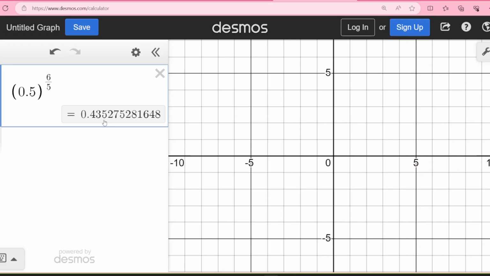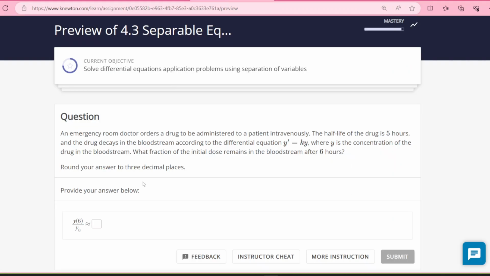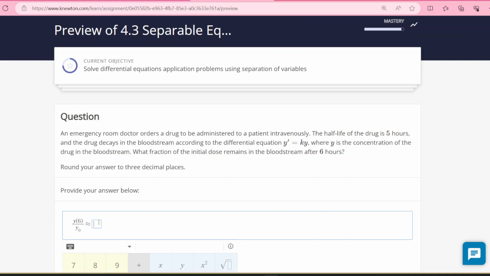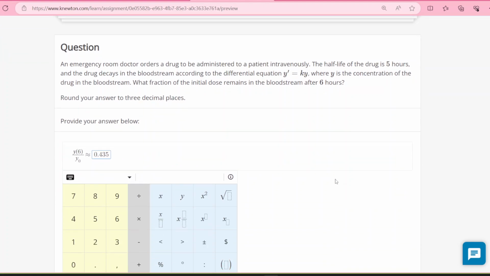After 6 hours, because after 5 hours there's 50% left, after 6 hours there's 43.5% of the original dose left. That's all this is saying. So 0.435 for the 3 decimal places. 0.435.